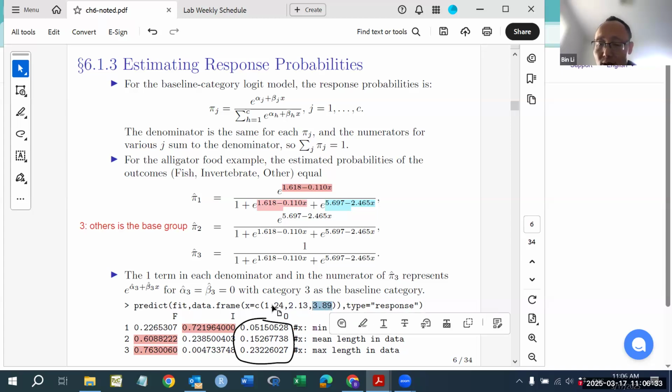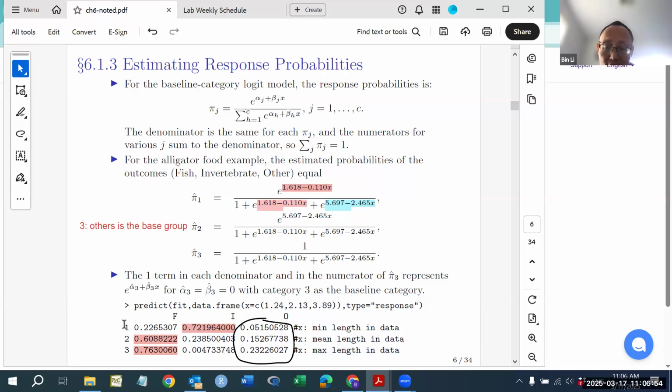Where do these three numbers come from? The first one is the minimum length in the data set. The second one, 2.13, is the average length for the alligators in the data set. And 3.89 is the maximum length of the alligators in the data set.